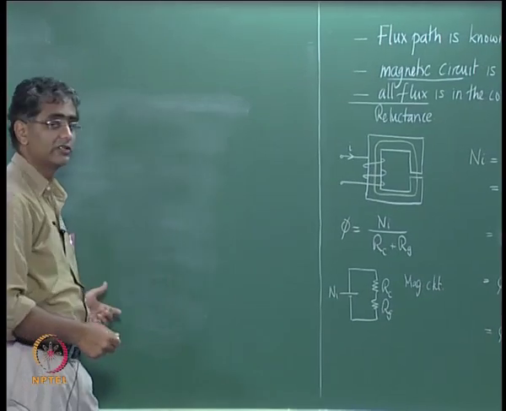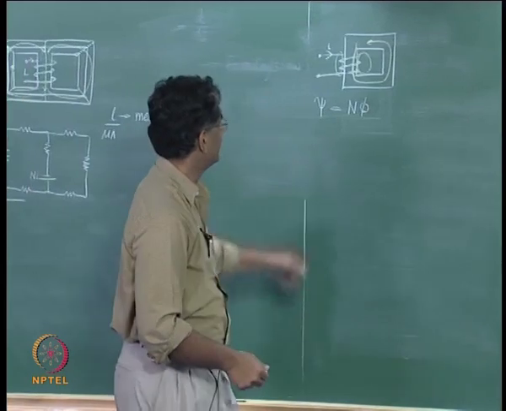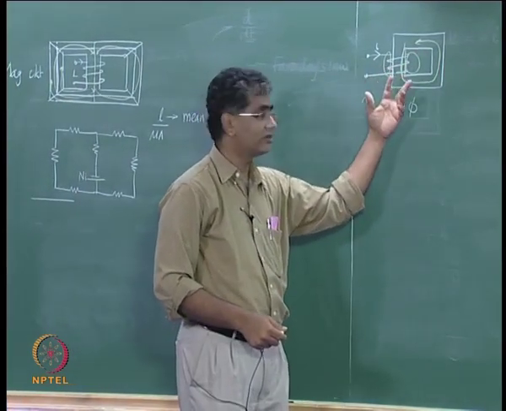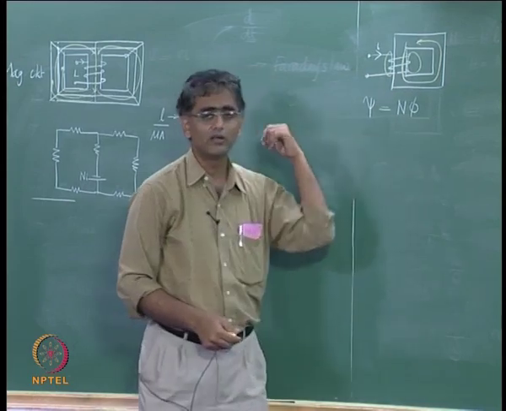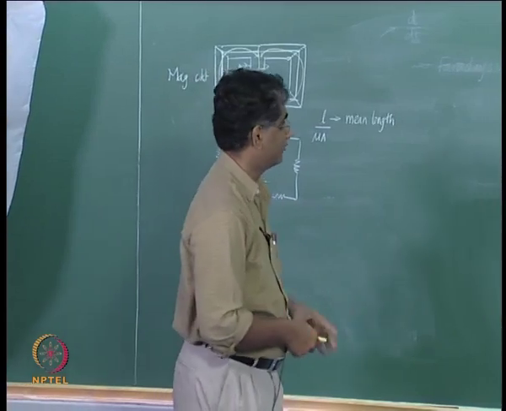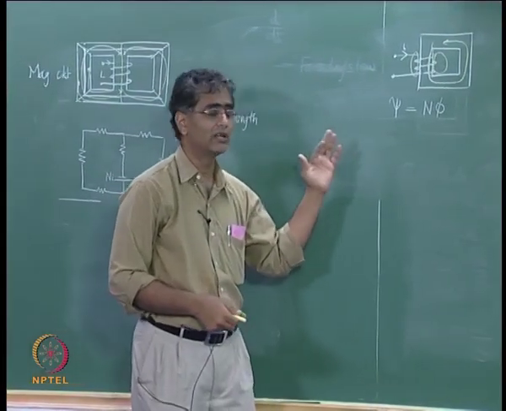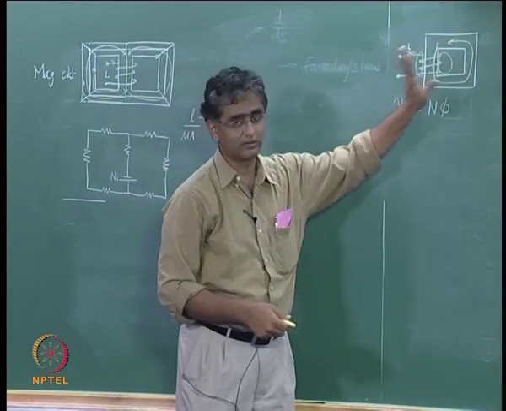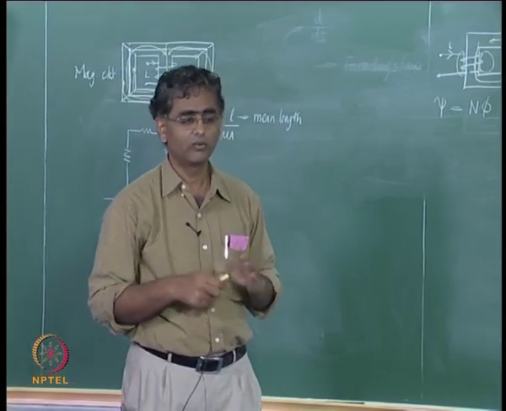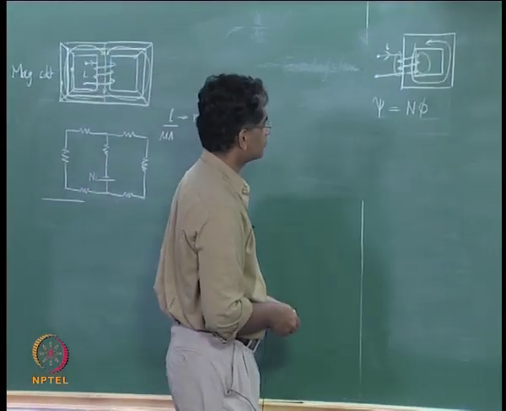Otherwise this expression would only give you the flux in the core, and these additional flux lines that are there, the effect of that should also be incorporated in that equation V equal to Ri plus P into psi. We had not looked at that, and therefore the implicit assumption is that these fluxes do not matter, but in reality they are there. Whether you want to neglect it or not is a different issue, but they are there.